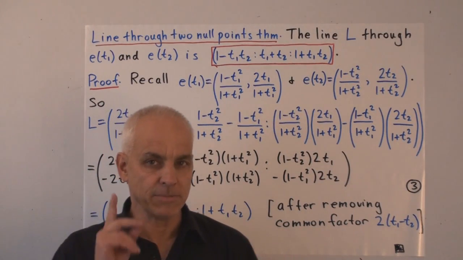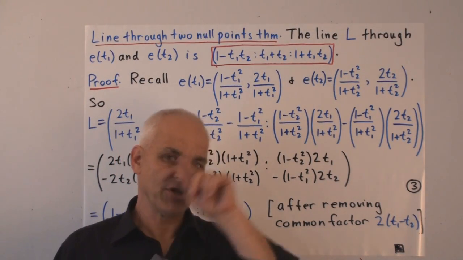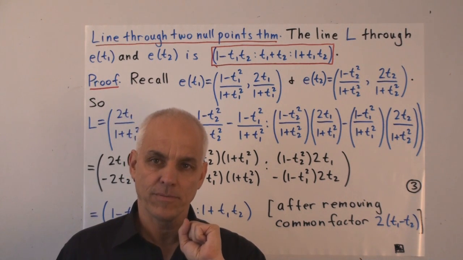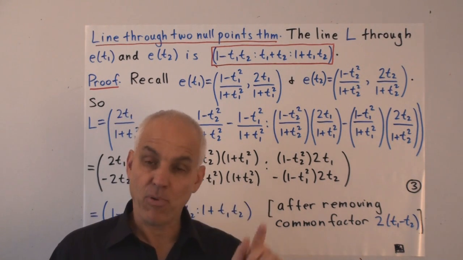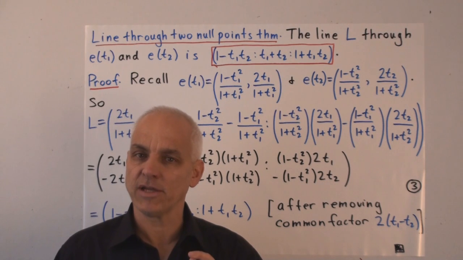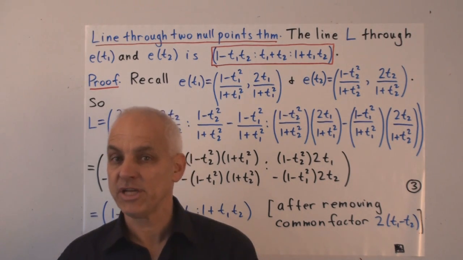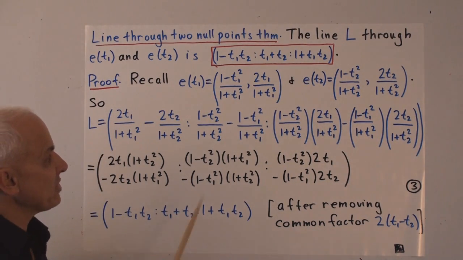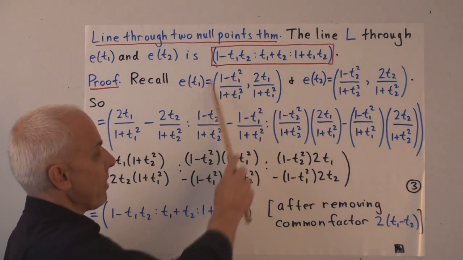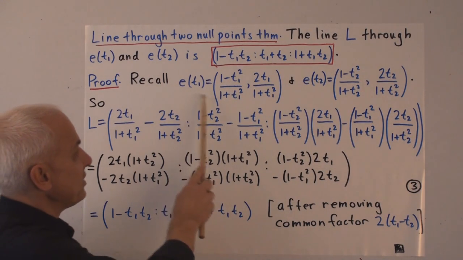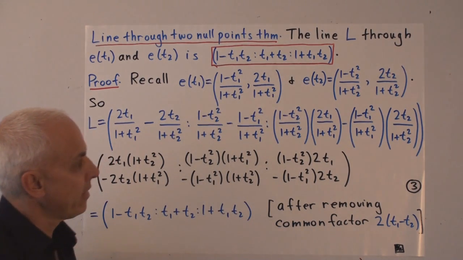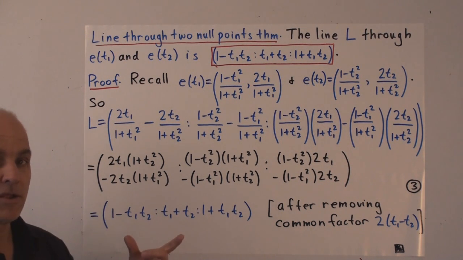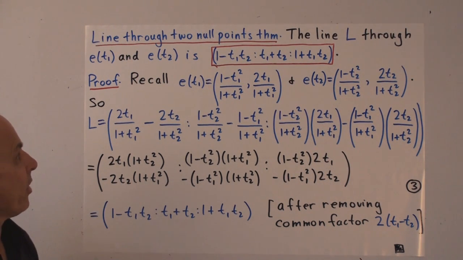What we need now is some technology to allow us to deal with lines created by points on our null circle. Now I remind you that points on the null circle were parameterized by a parameter t, and that we use this notation e of t to represent a point that had a form like this. This was e of t1. What we want to do is get an equation for a line connecting 2 such points.